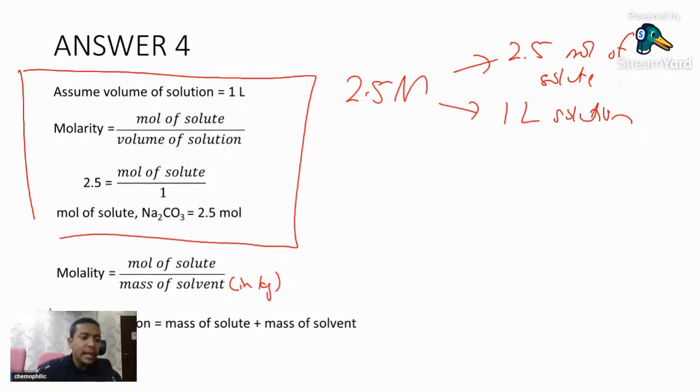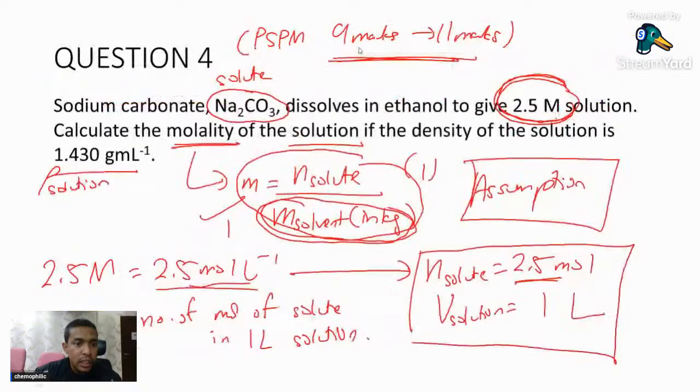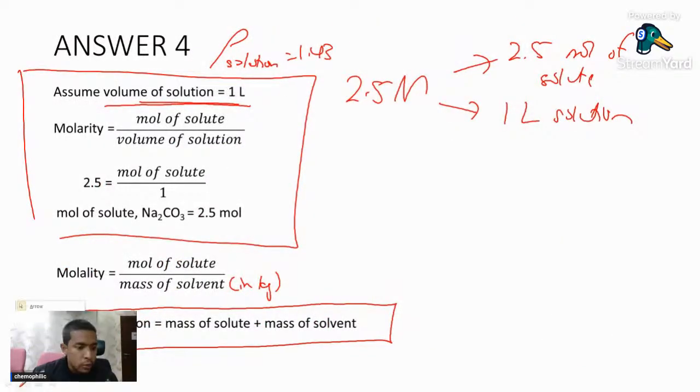And one more thing we have to remember is the density formula, because we know the volume of solution, and the question also gives you the density of solution, which is 1.43. So from this density formula, we can find the mass of solution.